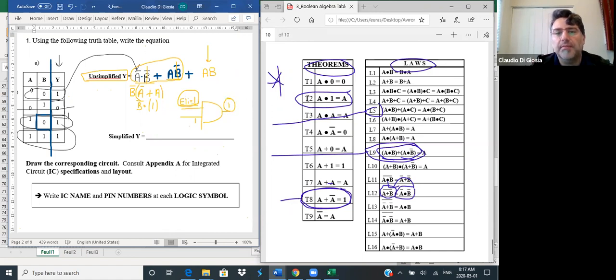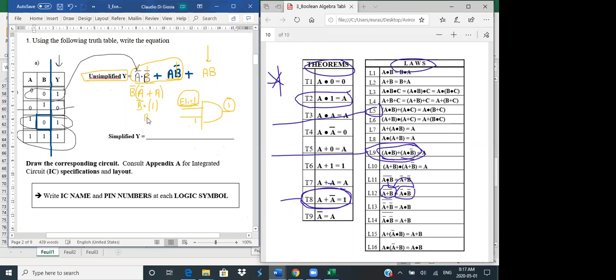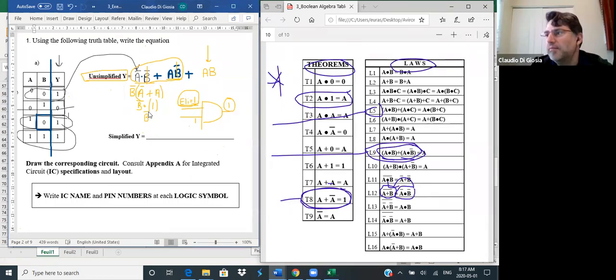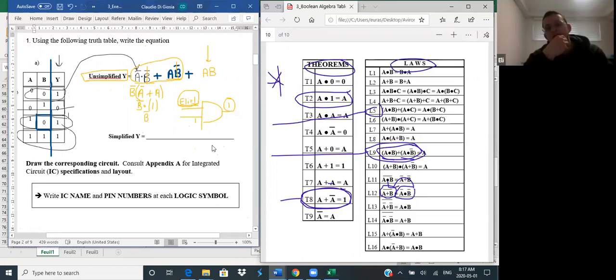That's what this is saying. It doesn't matter what this variable is, this variable multiplied by 1 will always be whatever this is. So you can just get rid of the 1. Do you have a better understanding of how that works? So where it comes from. You don't really even have to understand where it comes from to be able to apply it. It's just there. But this is how it works. The 1 is always there, right?